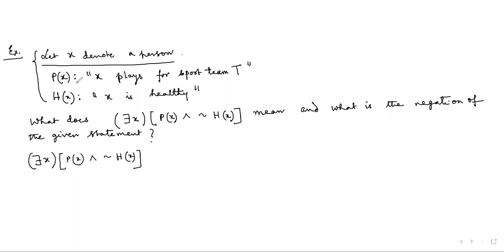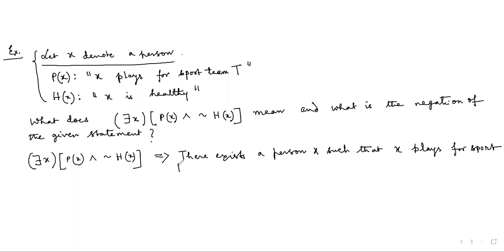Second, as the properties Px and Hx are defined, this implies that there exists a person X such that X plays for sport team T and X is not healthy.